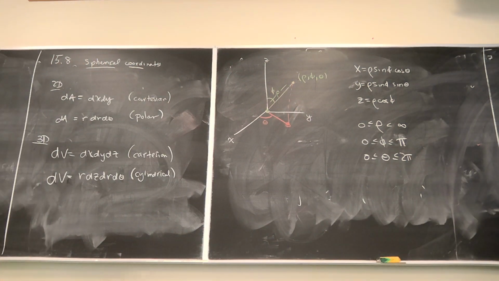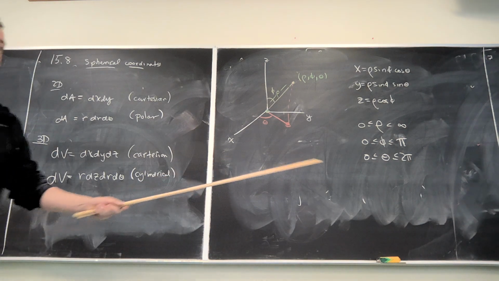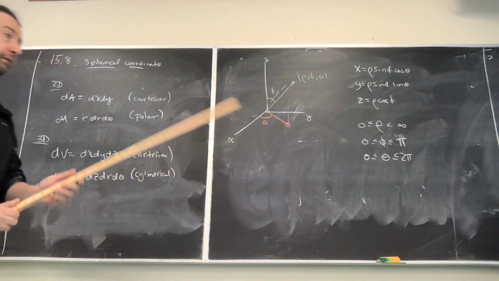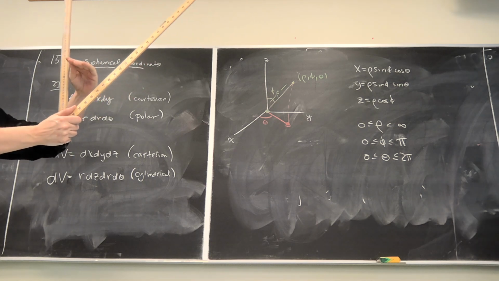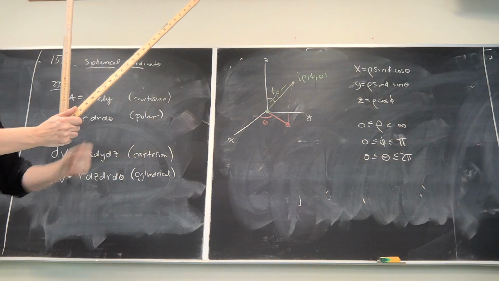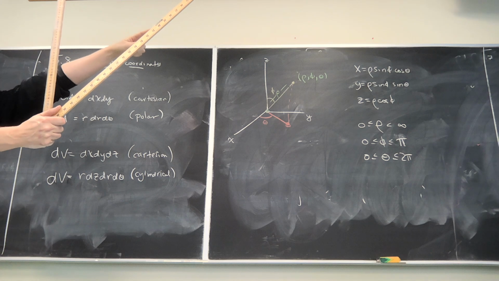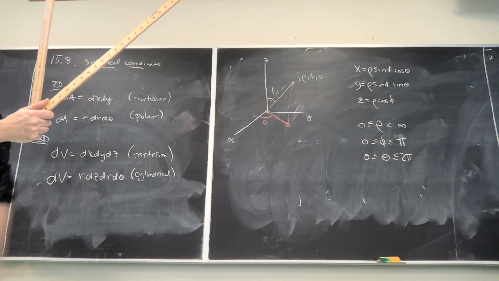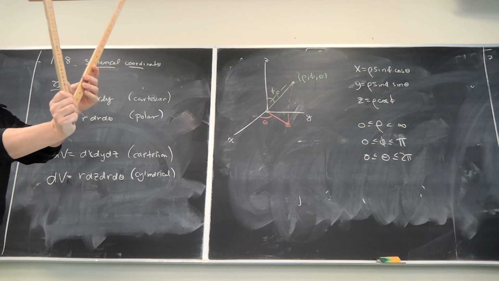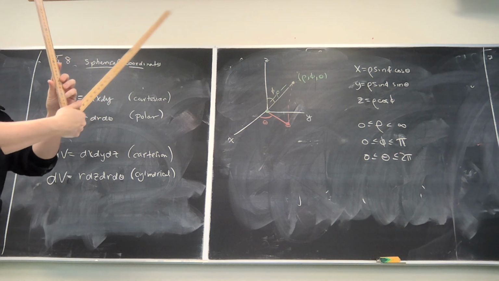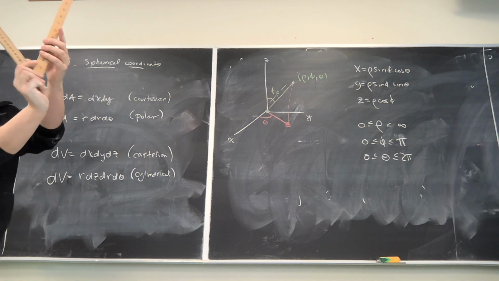Now the reason that the 0 to pi thing is true is that if you're thinking about how to get every point in space from this, the angle is like a rotation pole, so it comes down like this. That angle in here is the phi value. And then if I want to get that point at the end of the rod, so to say, this rod is rho units long, if I want to rotate that over to where it's supposed to be, I just rotate it by theta units. The theta has to be able to go all the way around the circle, which is why it's 0 to 2 pi.